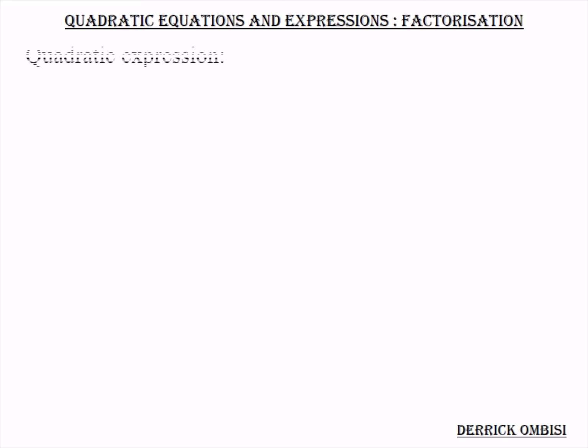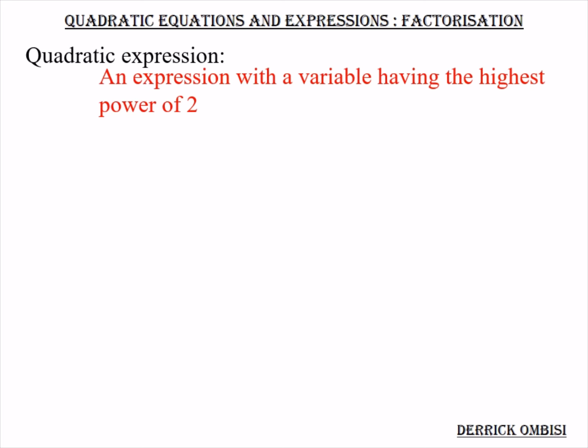Now, a quadratic expression is an expression with a variable having the highest power of 2. Any expression that has a variable or an unknown value that has a highest power of 2 is known as a quadratic expression.